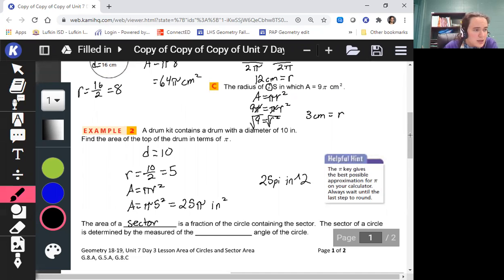Next up, we're going to look at area of a sector, and we find area of a sector by multiplying the area of a circle by the fraction of the angle over 360 degrees, because there are 360 degrees in a circle.